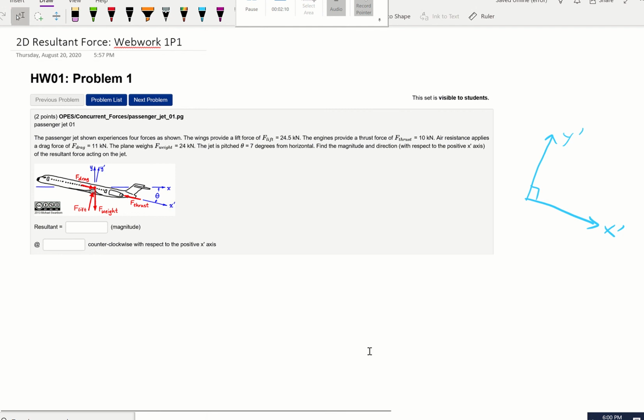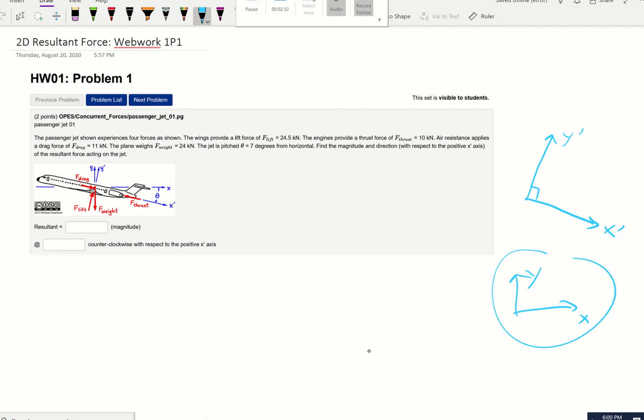Well, now let's think about it. We have to determine which coordinate system to use. For the majority of problems we use the xy coordinate, being perfectly horizontal and perfectly vertical. However, if we were to use the xy coordinate, what happens? You will realize the weight is on the y coordinate, going downward on y.